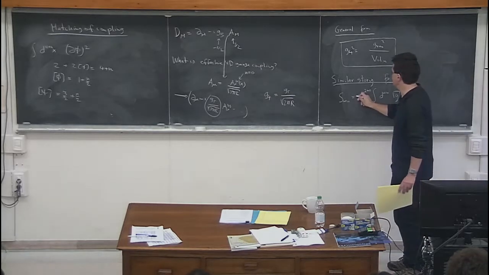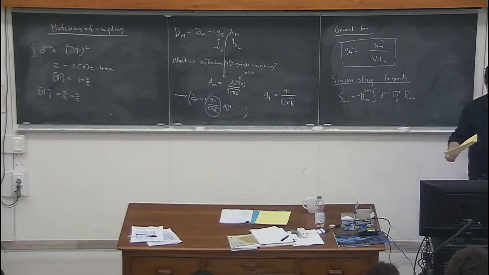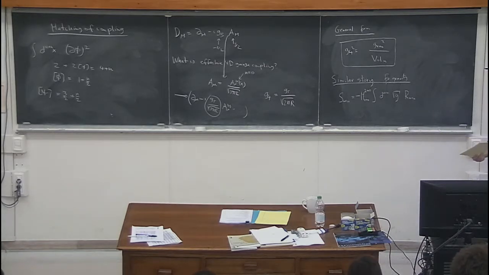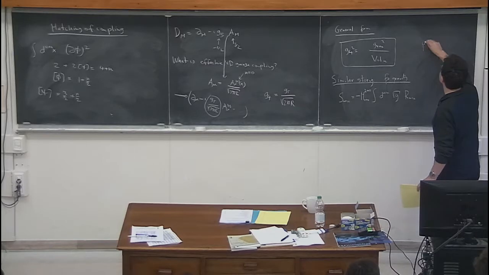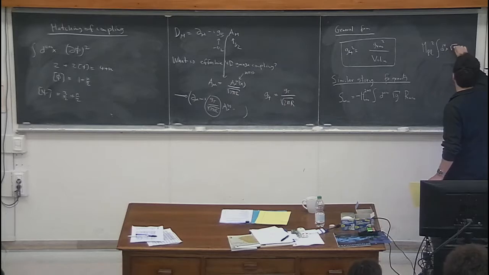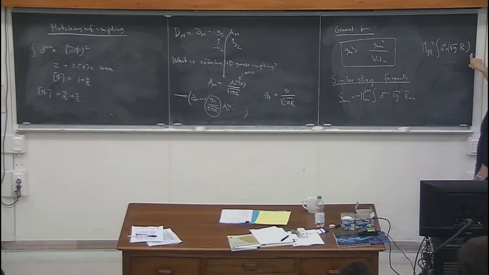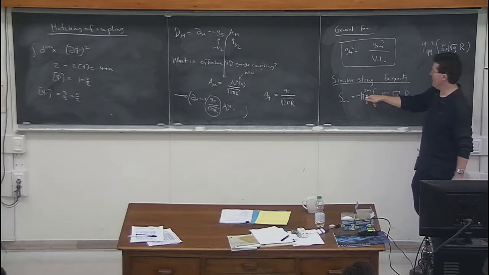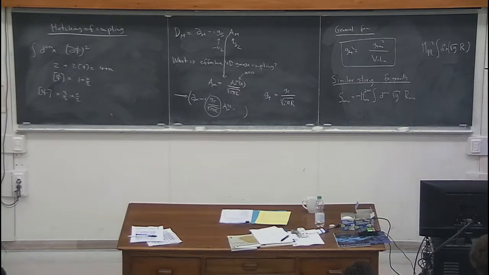This is the generalization of the 4-dimensional gravitational action to higher dimensions. In 4 dimensions, just to remind you, the action is M Planck squared times the integral d4x root g R. We take the same form, except now it's an integral over the extra dimensions, so that will bring n additional integrals, which lowers the dimension by n. So you add that back by raising the higher dimensional Planck scale not to the 2nd power but to the power 2 plus n.